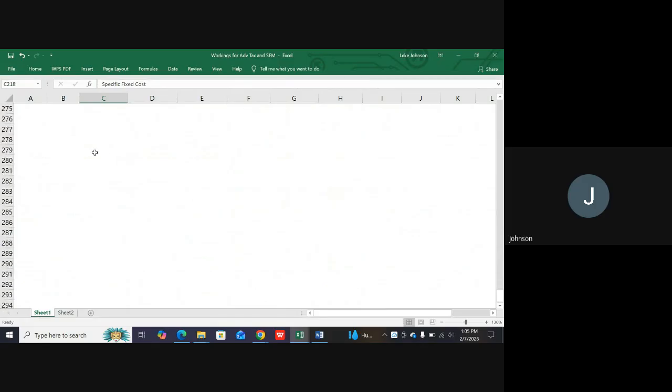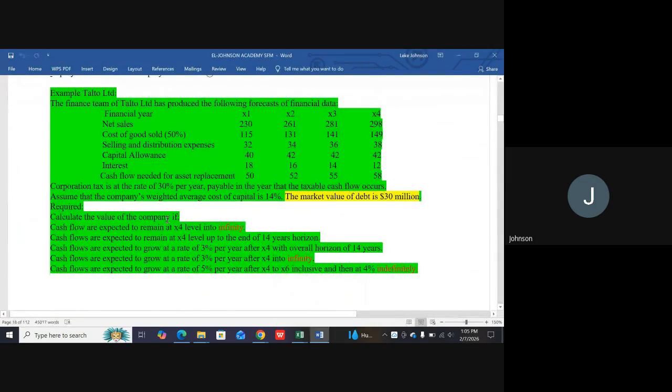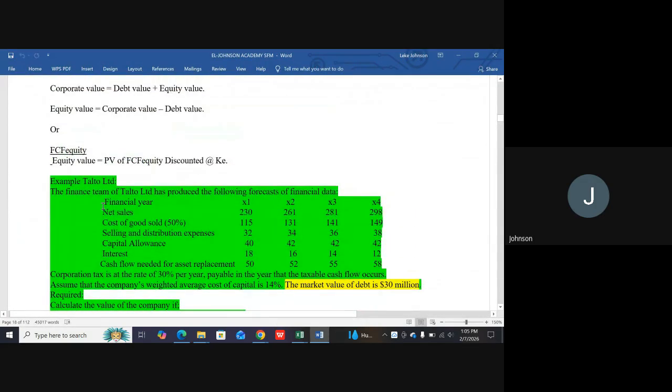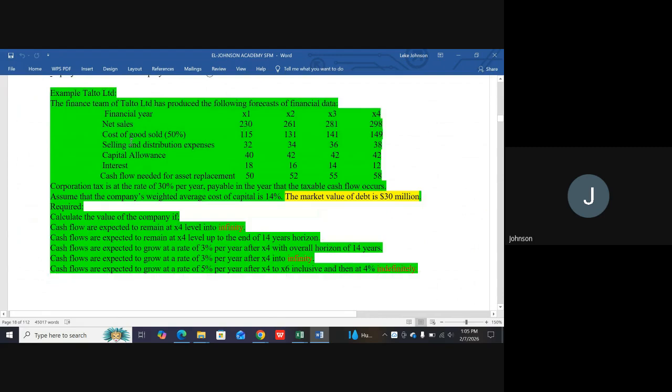Then what we are going to do is, this question says, example, Tauto Limited. They say the finance team of Tauto Limited has produced the following forecast of financial data. So we have the financial year, year 1, year 2, year 3, year 4. And here they say net sales, this is the net sales, right?